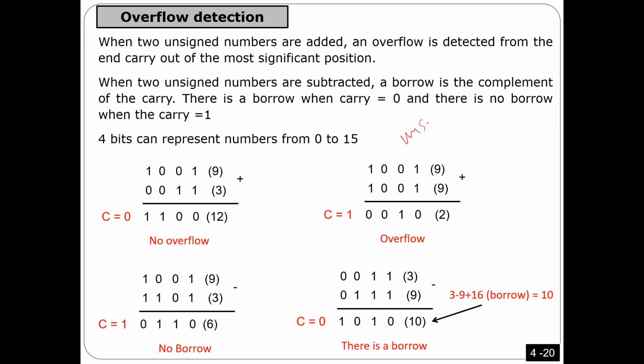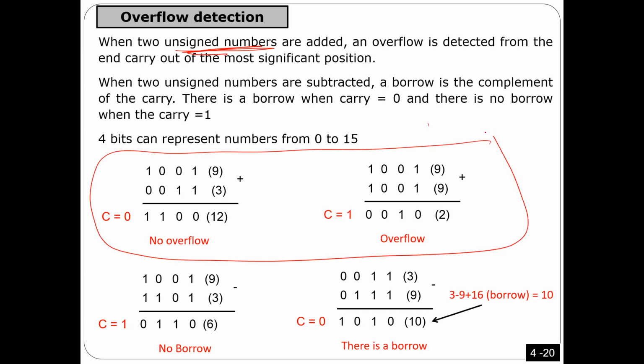Under unsigned numbers, I'm going to talk about whether you are doing addition or subtraction. Let's start with addition. Again, this slide is about unsigned numbers. Now I'm doing addition here. You want to know if there is overflow or not.